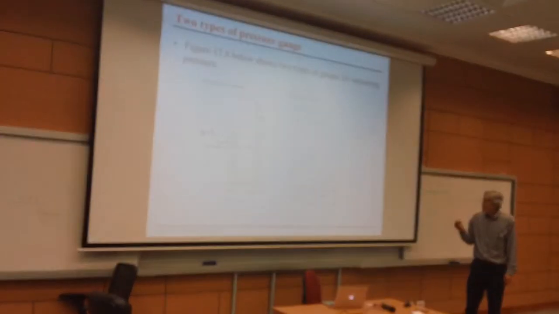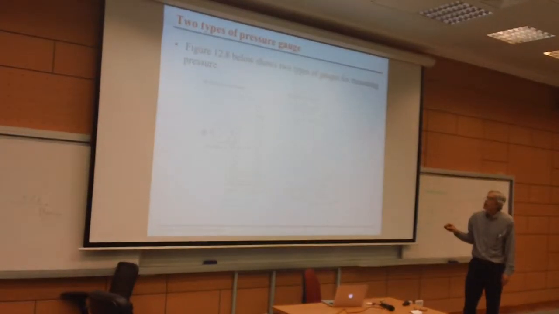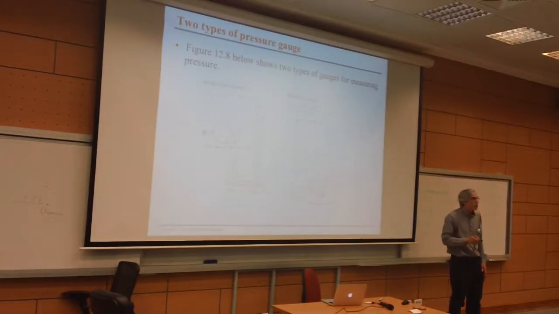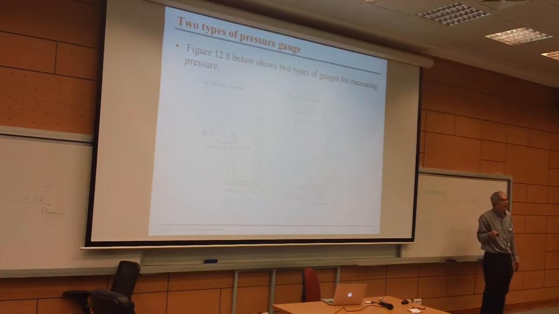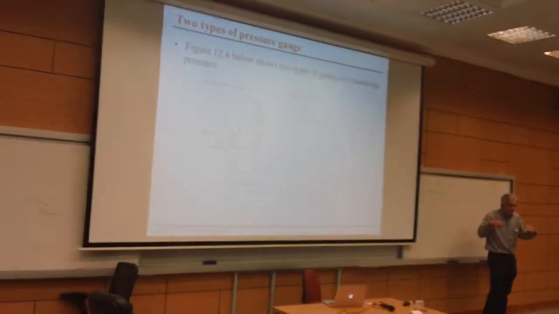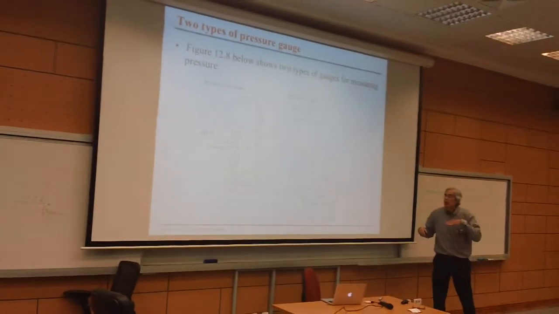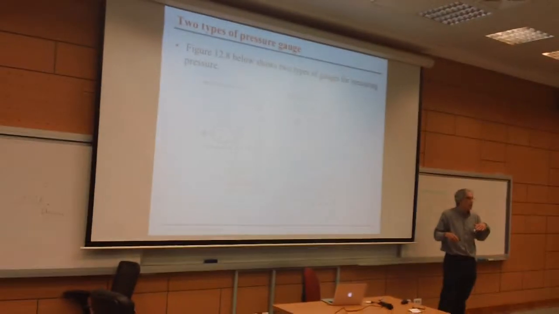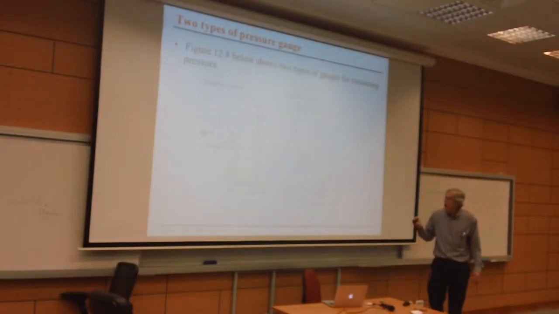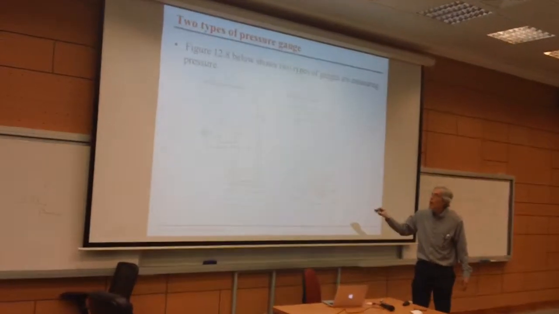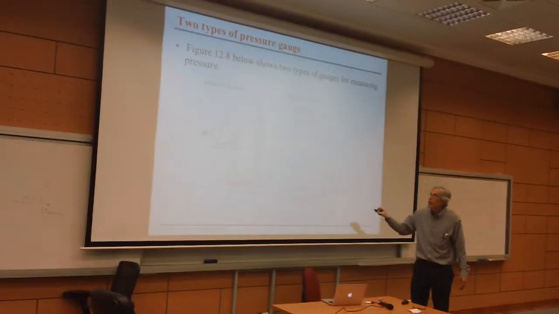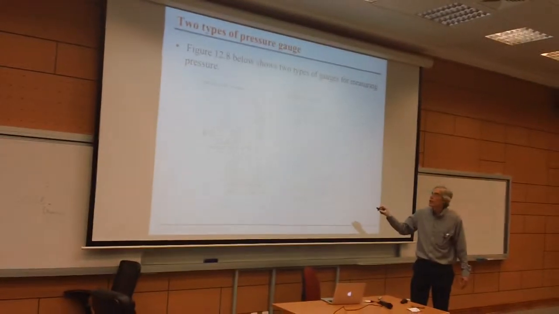So your text also presents to you some instruments for measuring pressure. And all of these instruments use the same principle that we learned about, that the pressure is dependent only on the depth. Okay? So in this instrument, we're measuring the pressure within some kind of chamber. We attach one end of a tube to whatever it is we want to measure, and the other part is open to the atmosphere.